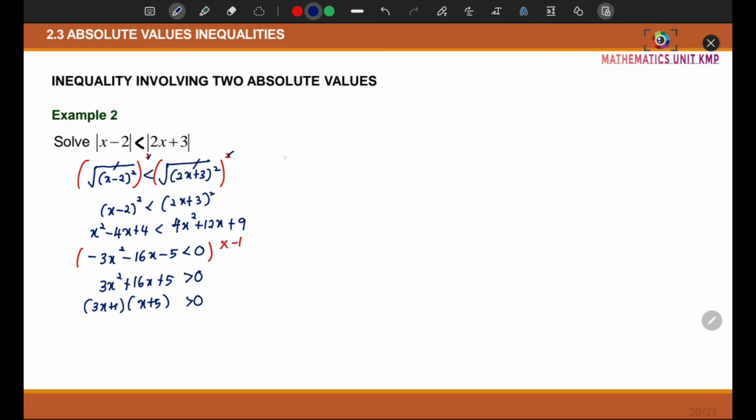Now I will use the positive number line method. I will assume each factor to be greater than 0. So I will assume 3x plus 1 greater than 0 and x plus 5 greater than 0. Then I will have x greater than negative 1 over 3 and x greater than negative 5.